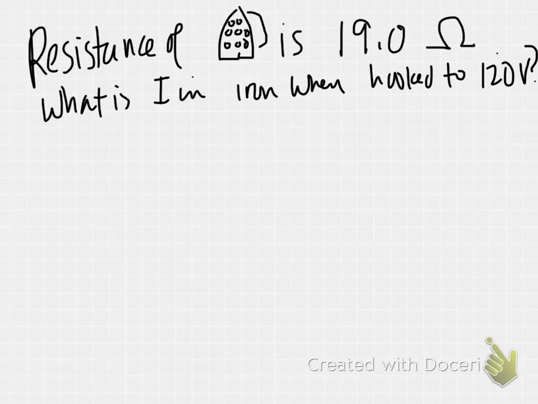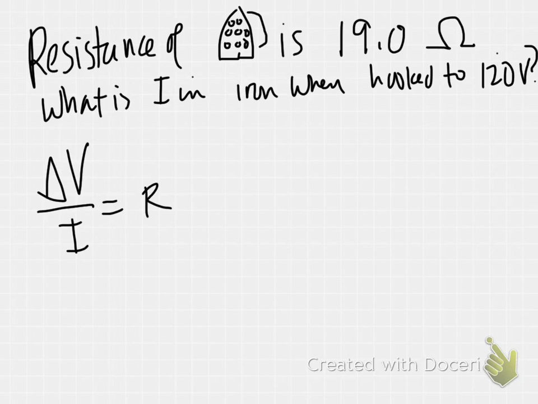Okay, every appliance you've ever touched or plugged in has some amount of internal resistance. So they're saying that we have this steam iron, and the resistance inside the appliance, inside the circuits, is 19 ohms. By the way, the ohm is the unit for resistance. So what's the current in the iron when it's hooked up to 120 volts, which is your household voltage? Okay, so the voltage, delta V, divided by the current gives us resistance.